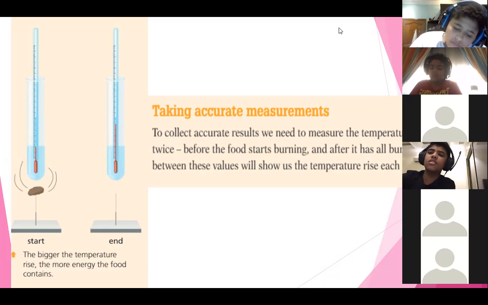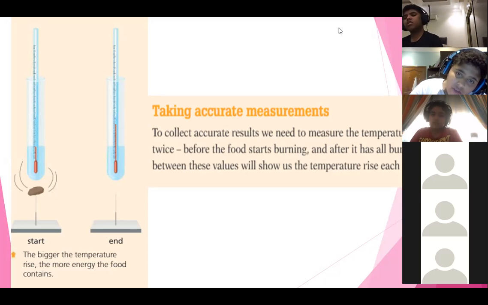First we note it before burning, and then after burning. So what is the independent variable in this experiment? The one we burn. Yes, that is true. We can put a potato, we can put a chocolate, we can put a butter piece. So all these pieces which we're changing are the independent variable.